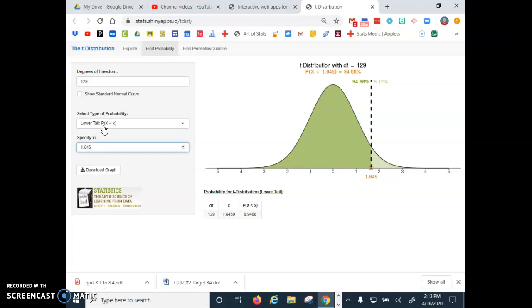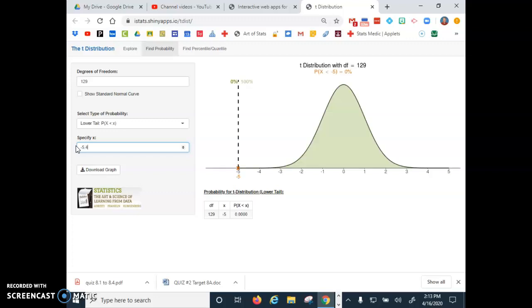It's a two-tailed test, yes, but our probability value is going to come from the left tail because our test statistic was a negative value. So I'm going to type in here negative 5.467 right there.